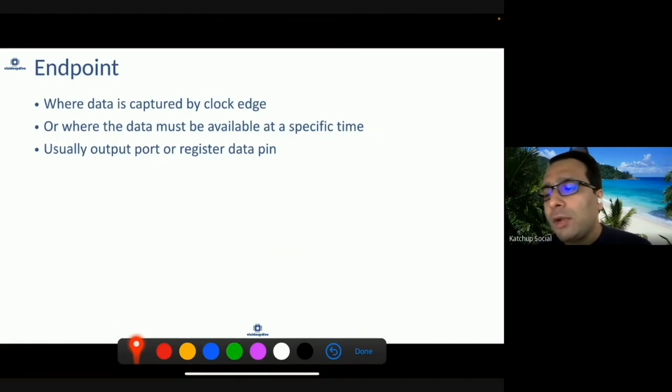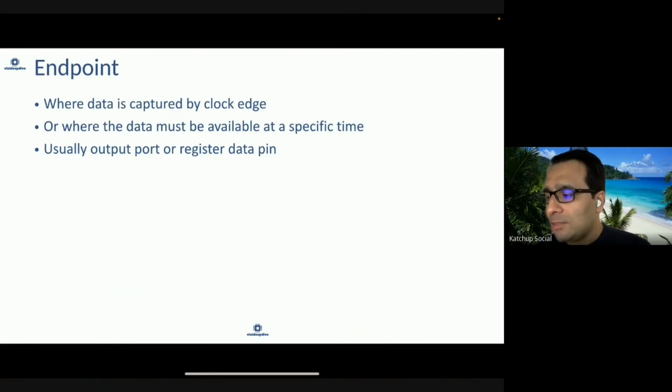Endpoints. So endpoints are where data is captured by clock edge, or where data is required to be available at a certain specific time. Usually these are output ports or registered data pins. Let's understand using the same examples we were using earlier.